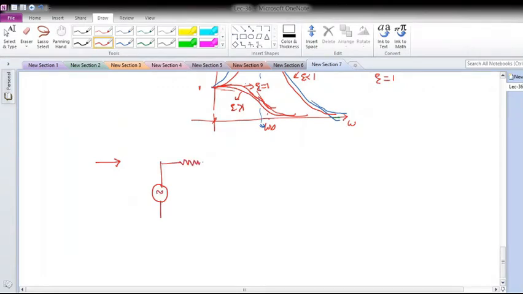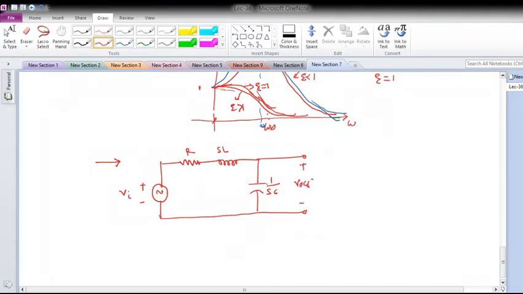I have a resistor, then there is an inductor, and with that a capacitor has been connected. Okay, this is R, say SL, and 1 over SC. Okay, so this will be Vi, with these polarities, minus and plus, and suppose this is V0.